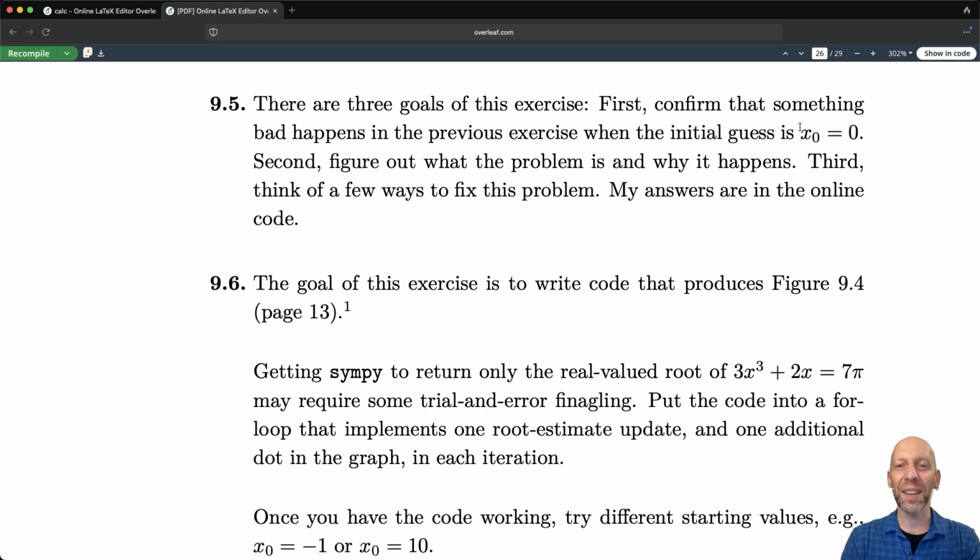So start with an initial guess of 0, and something bad is going to happen. And then the issue is, well, what is the issue? Why did something bad happen? Yeah, what's the problem and why did it happen? And then you can think of a couple of ways to try to resolve this issue that we have discovered.